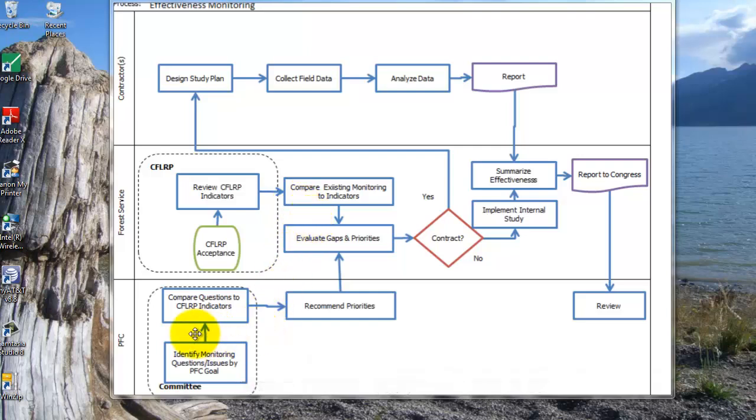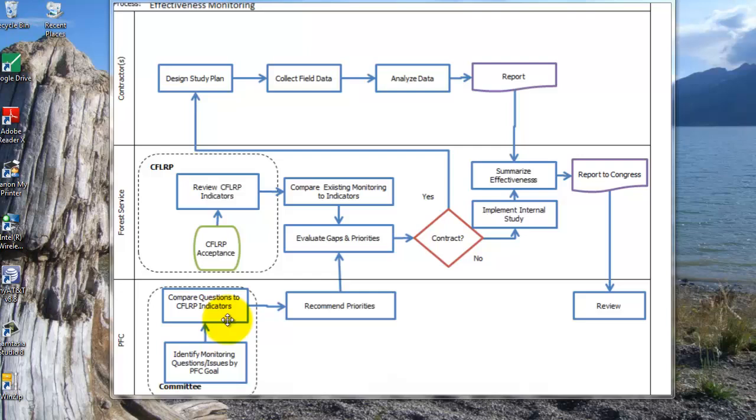For the coalition, the committee started with the good work of identifying monitoring questions and issues, and these were organized by PFC goal thanks to Rick's efforts. An appropriate step for the committee is to take those questions and issues as they currently exist and compare them to the CFLRP indicators.